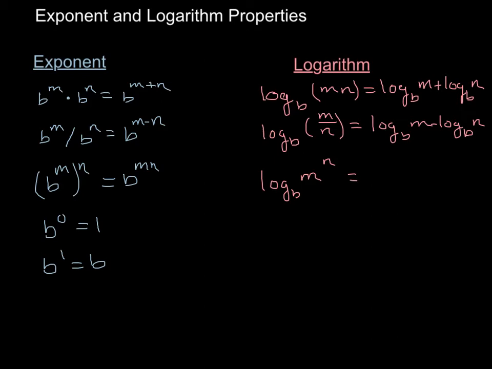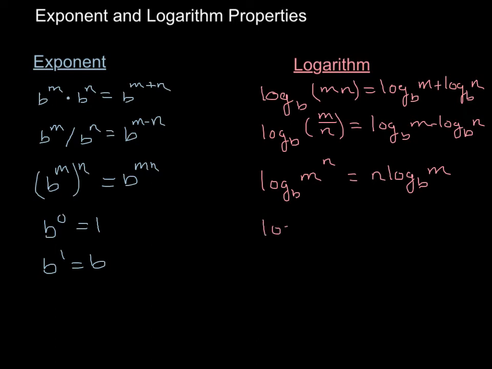So we're going to bring this exponent of n out to the front and multiply it to the original exponent. So we got n log base b of n. Alright, and these are all coming from these properties over here. We're not making anything up, we're just rewriting them differently.